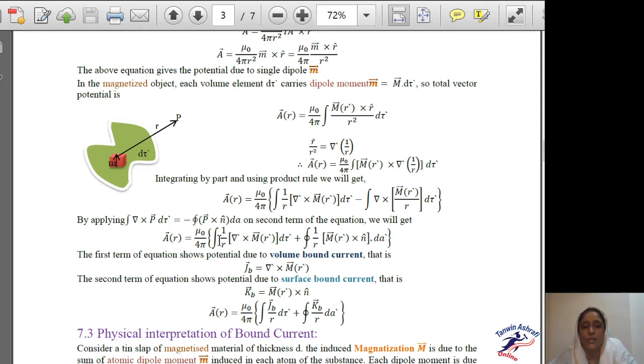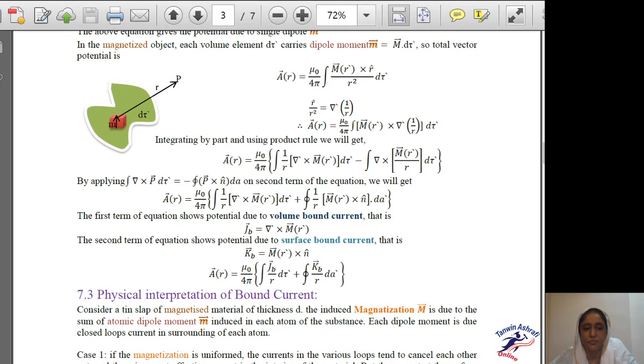Now if we replace these two terms by JB and KB, we get potential A equal to mu naught divided by 4 pi times the integration of JB divided by r d tau prime, plus the integration over the closed area of KB divided by r da prime. Now, the physical interpretation of bound currents.